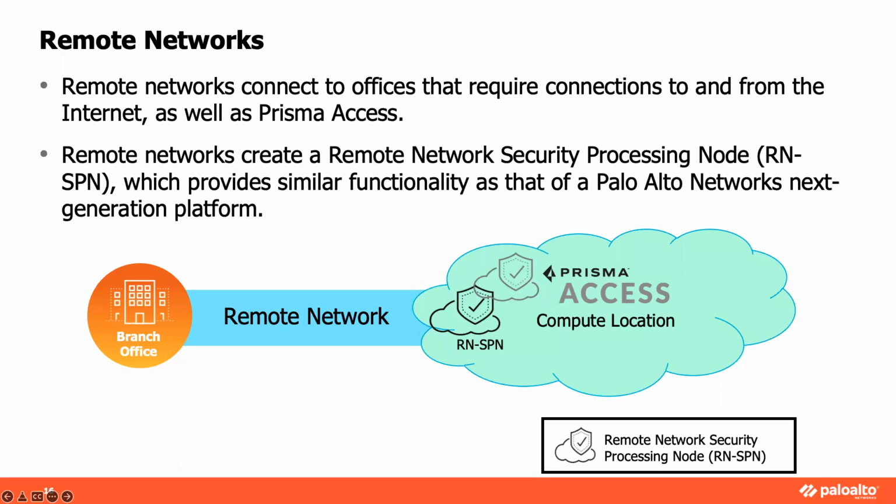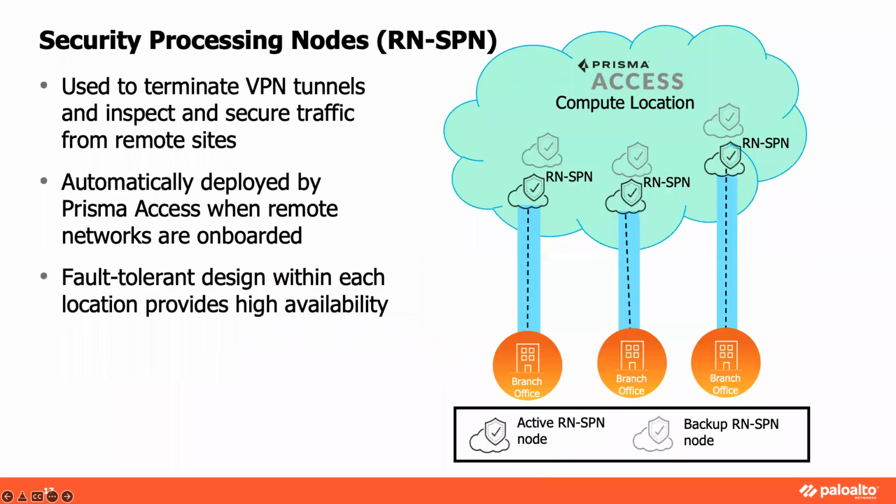Customer doesn't have to do anything to make that happen. These SPNs, these security processing nodes, have all of the same features and functions that you expect to find in PAN-OS. Decryption, security policy rules for allows and denies, URL filtering, threat protections, WildFire, all of those sort of things.